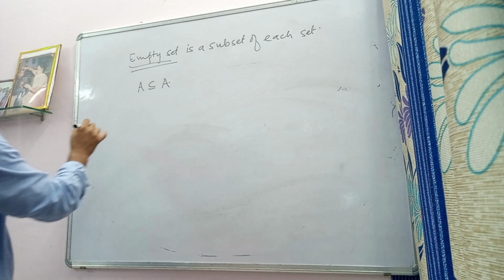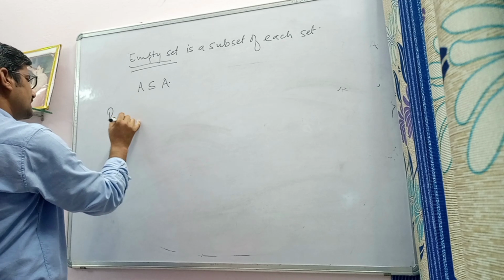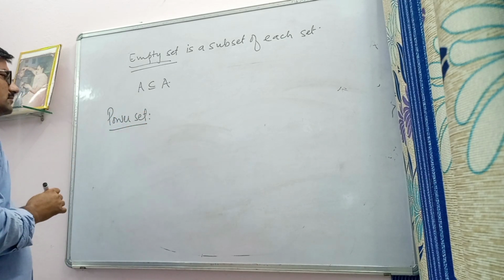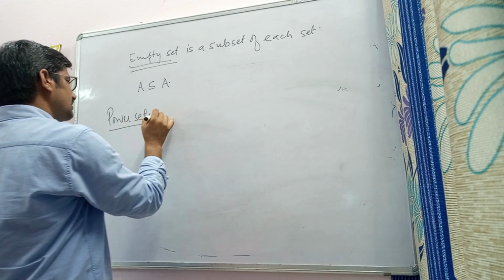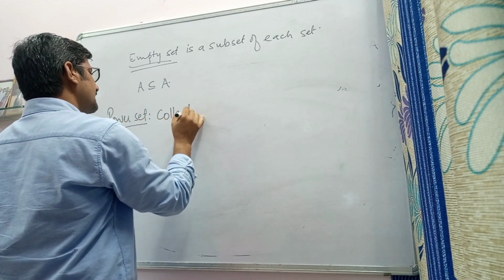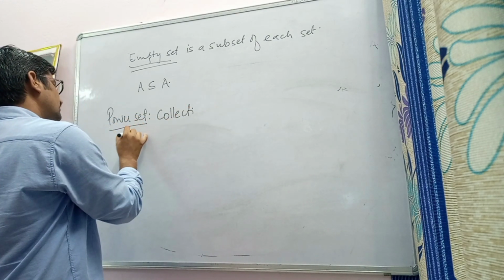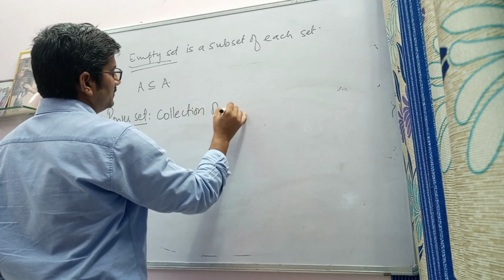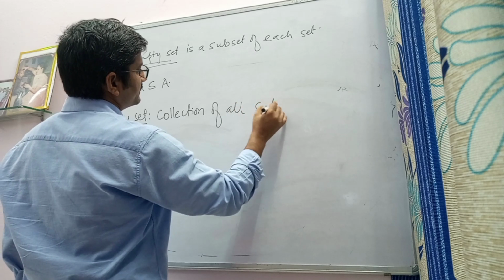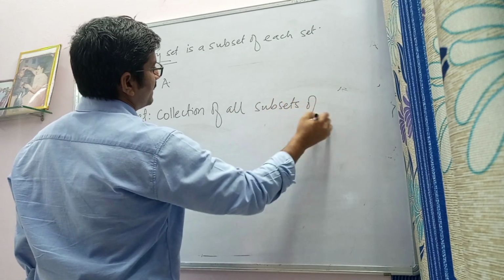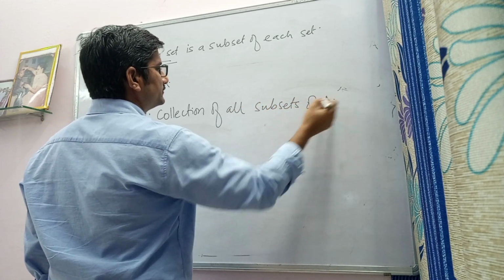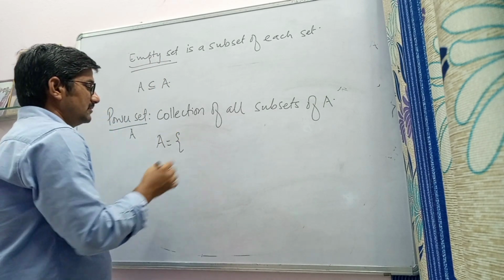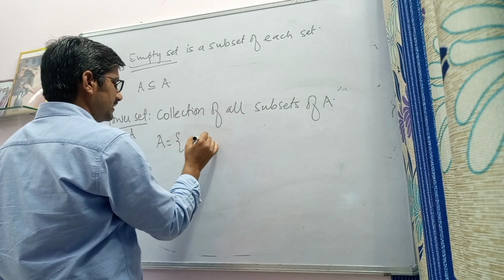Next is the power set. So the power set is the collection of all subsets of a set. Suppose we have to calculate the power set of a set A, and A has two elements, say a and l.